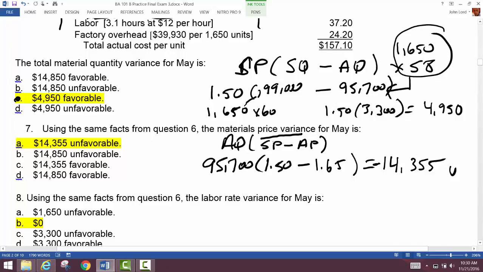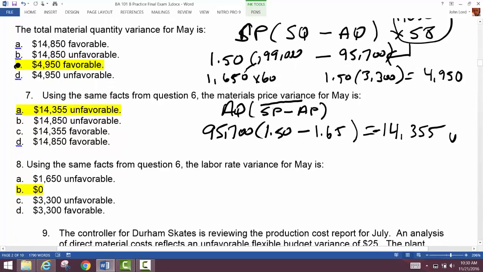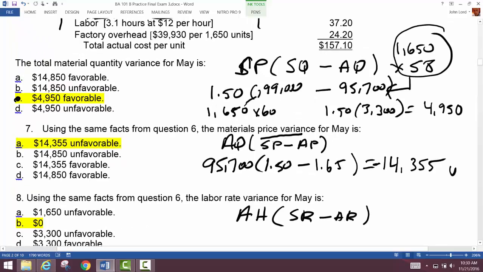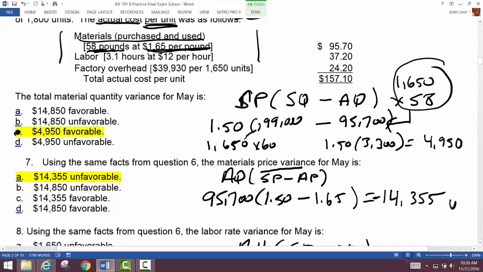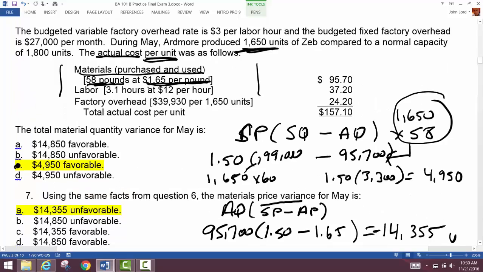Okay. Same facts. What is the labor rate variance? Labor rate variance is going to be the actual hours times the standard rate minus the actual rate. Now you look over here at the actual section, the actual listing of information, and they tell me that their labor was 3.1 hours, and remember this is per unit.